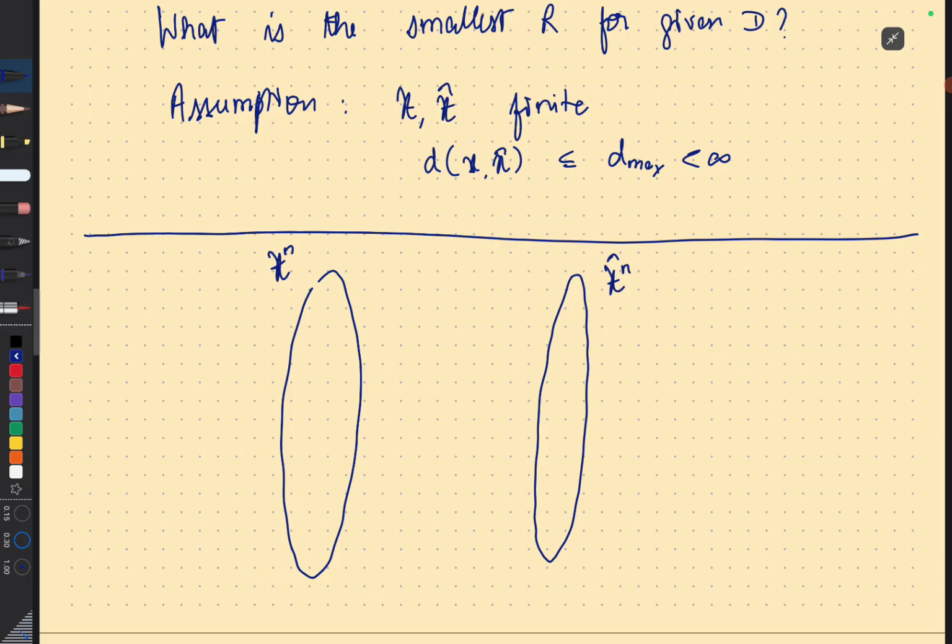Now I want the rate to be something small, which means that if I fix a particular R, then I have 2 to the nR possible sequences, which can be represented using those nR bits.